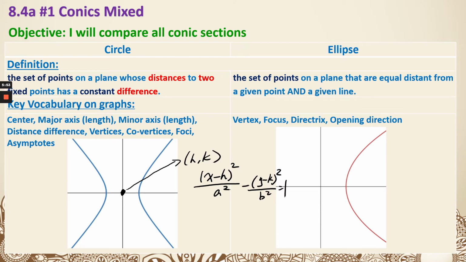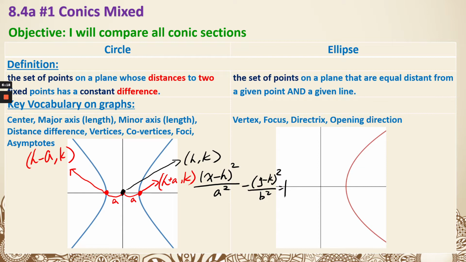So in this case, let's start with my vertices right here. That's my a and that's my a, so I can still write them in the exact same way as the ellipse. (h minus a, k) and (h plus a, k). So these are my vertices.